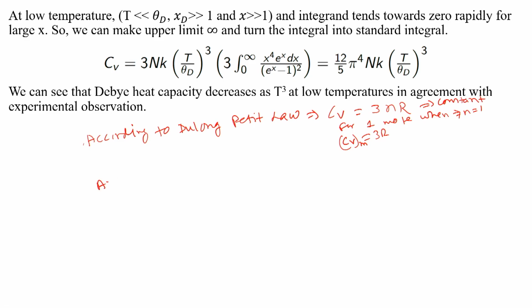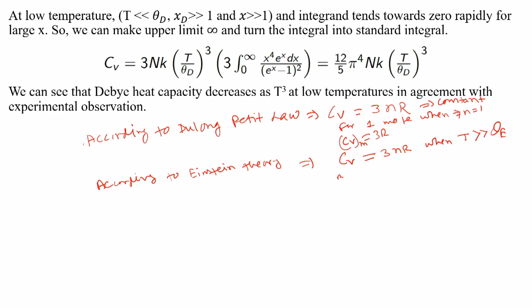According to Einstein theory, Cv is 3nR when T is much greater than θ_E, the Einstein temperature, when the temperature is quite high.